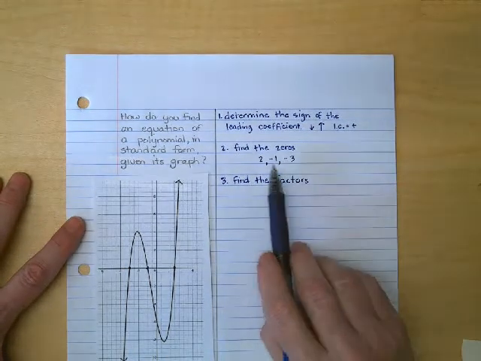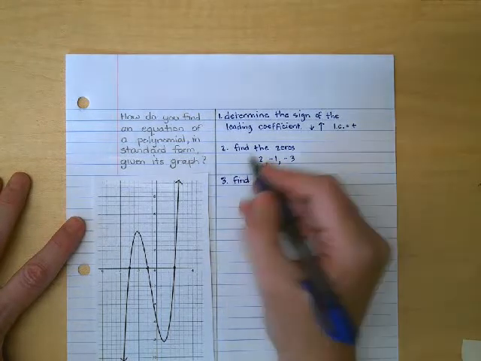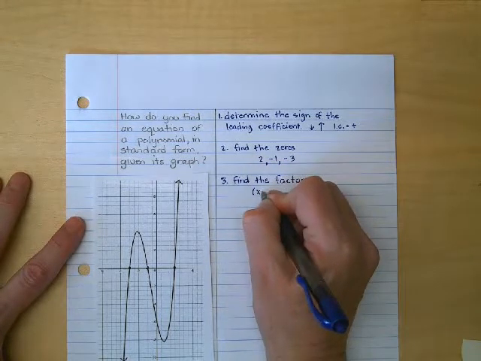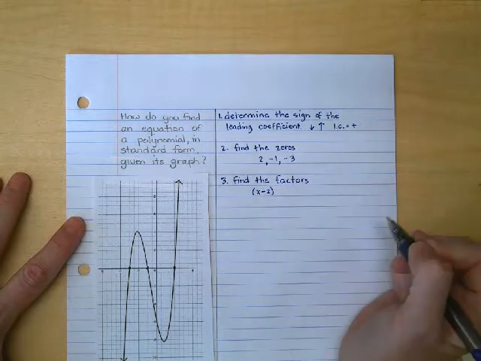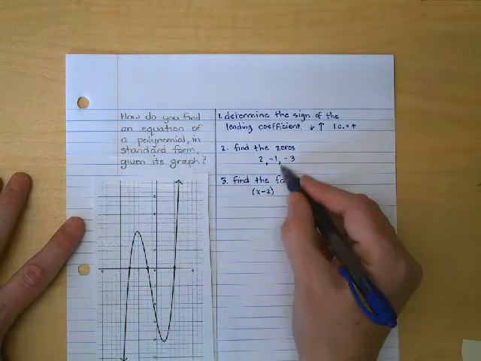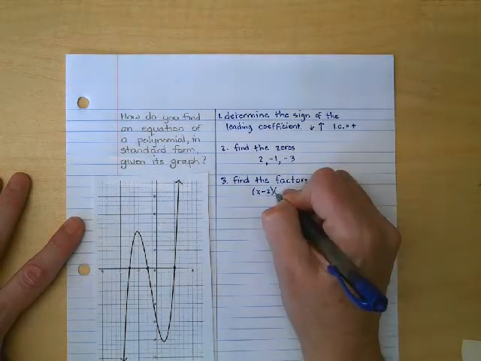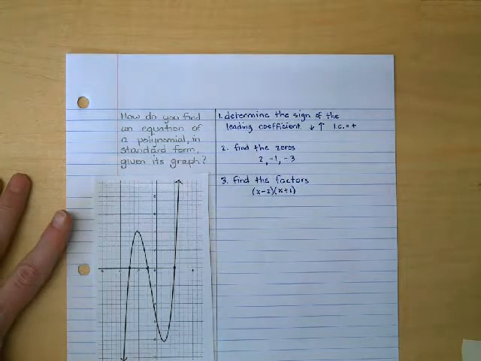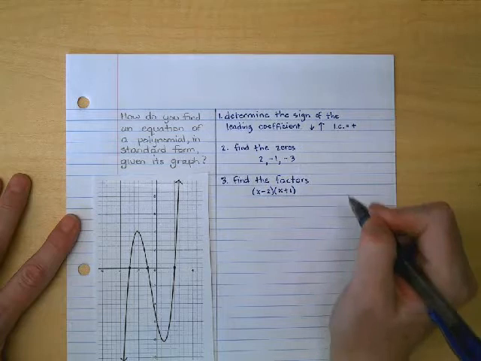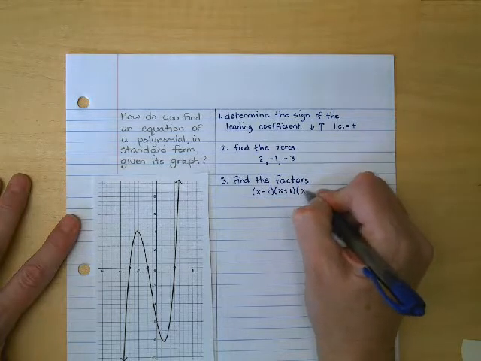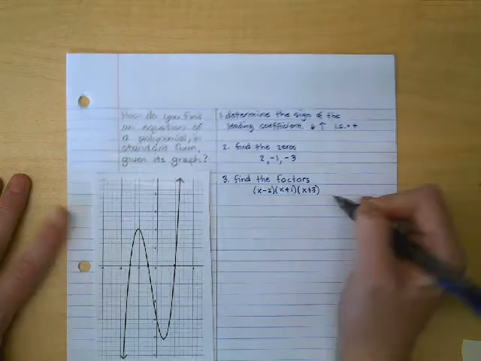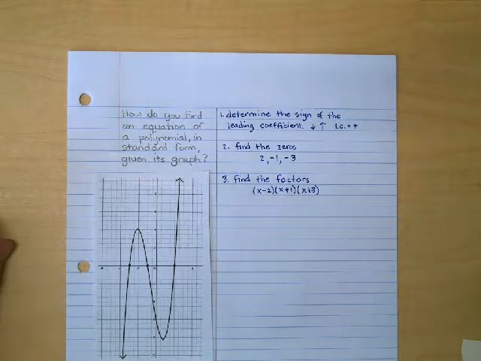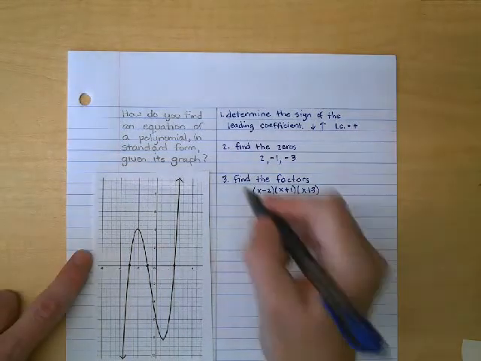If 2 is a 0, then x minus 2 must have been a factor. If -1 is a 0, then x plus 1 must have been a factor. If -3 is a 0, then x plus 3 must have been a factor.